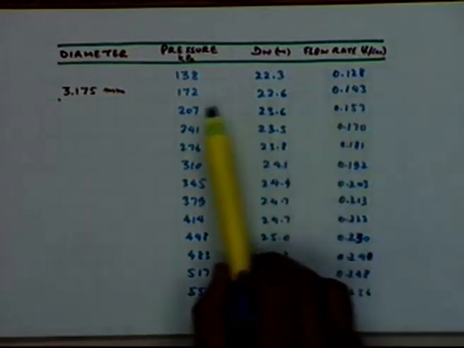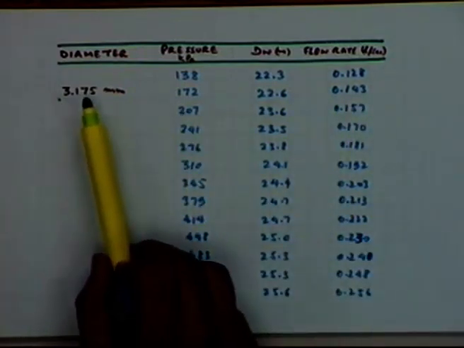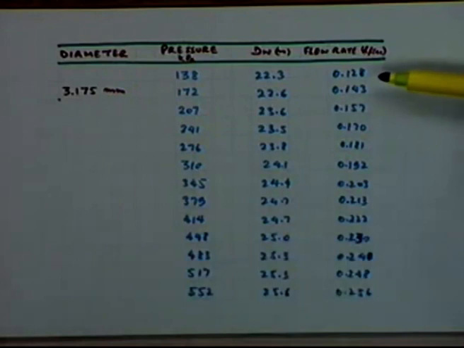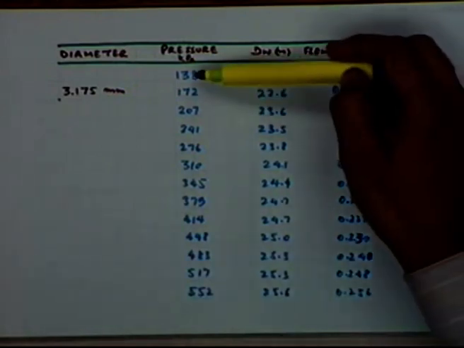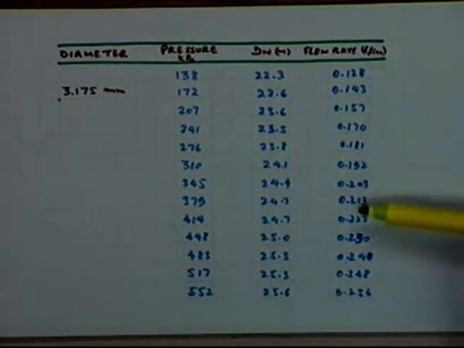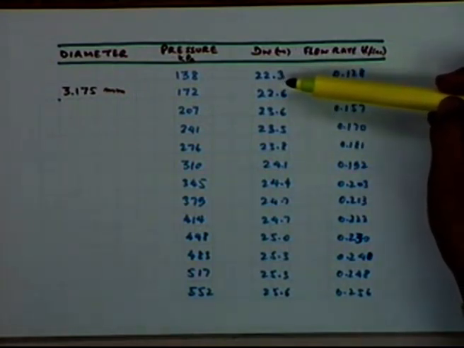So these three things are related. For a specific diameter of the sprinkler nozzle, you will find that with the variation of the pressure, your flow rate or the discharge rate will also vary, and the wetted diameter will also vary.